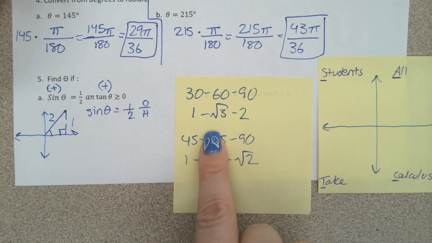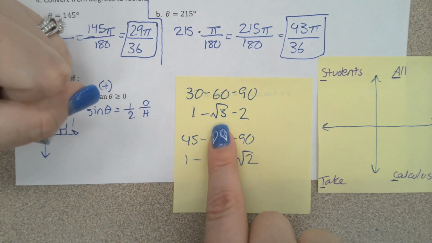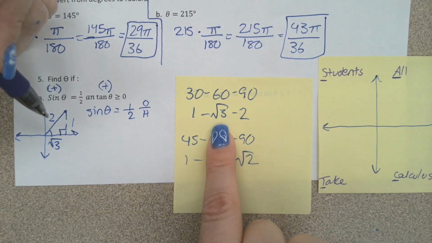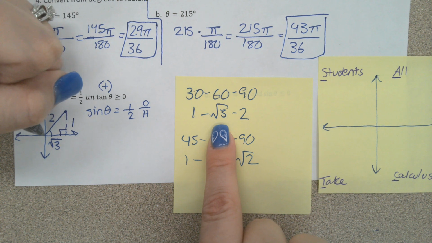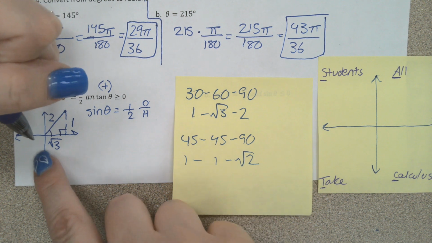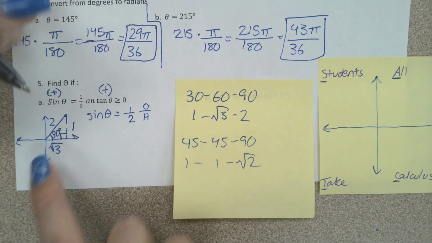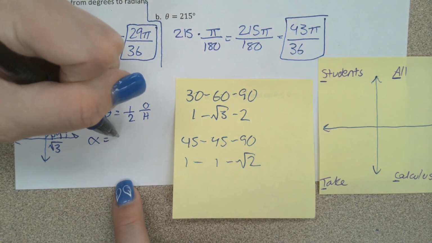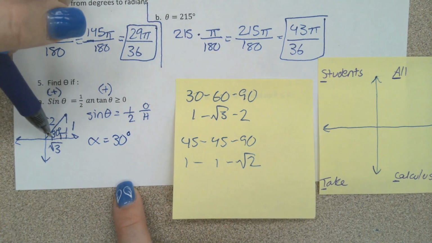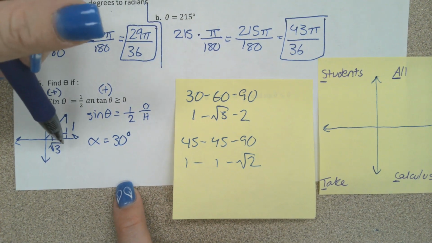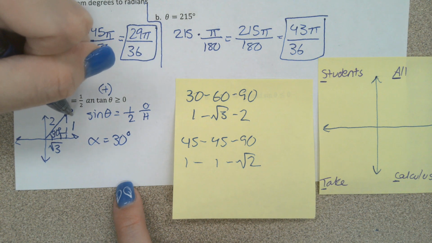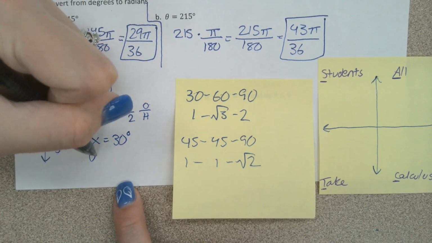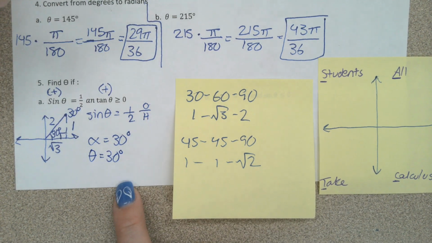That should tell you we have a 30, 60, 90, so our third side is rad 3. And since 1 is across from that reference angle, that means this is 30 degrees. So our alpha value is 30 degrees. And looking at where we're at in the graph, this angle here is also 30 degrees. So theta is equal to 30 degrees.